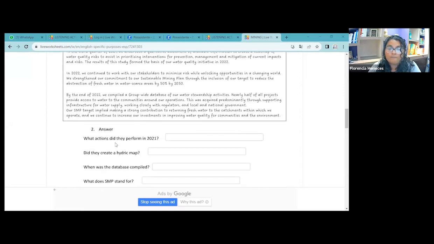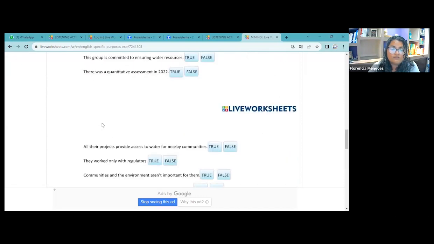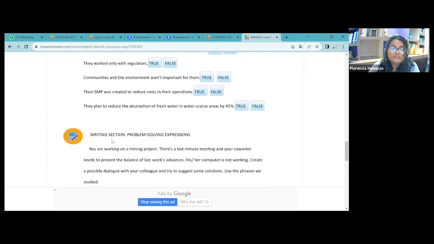We're going to put some emphasis on the simple past. That's the grammar point that we've been working with for this last module. So you will have to answer them. Then maybe you have to choose true or false related to this text. And there's going to be a writing section.